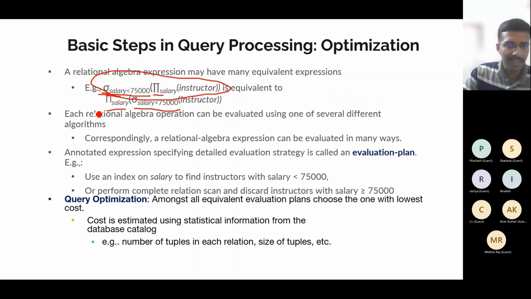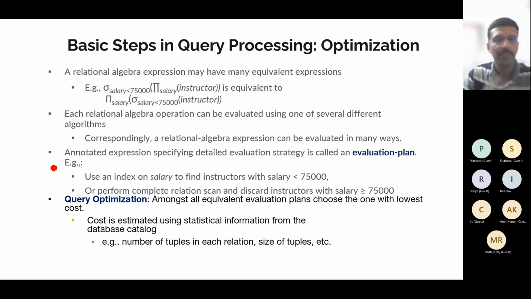Whereas in the second case, I am fetching all entries with salary less than 75,000, with all their columns selected. And from that I just project the salary. So the first query will be more efficient than the second one in this case.